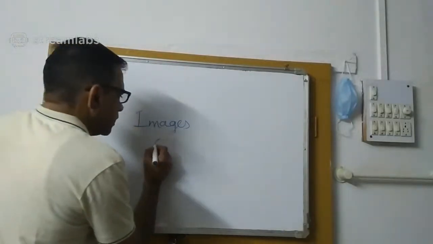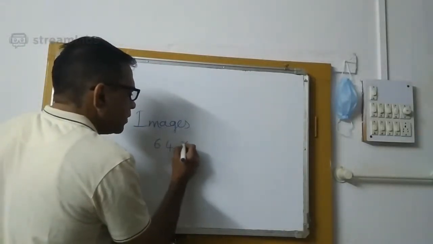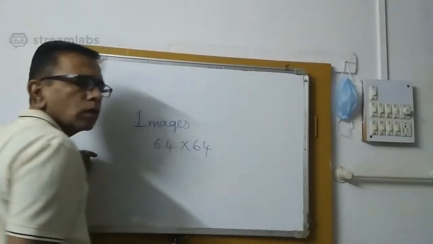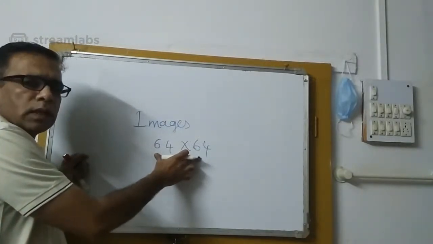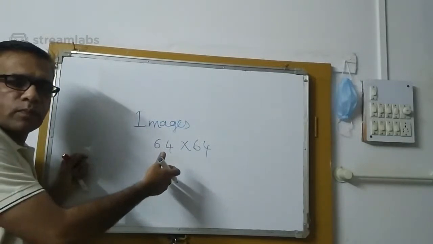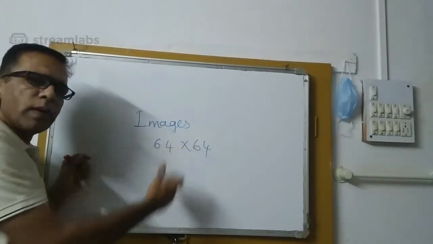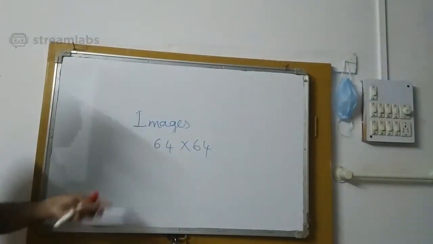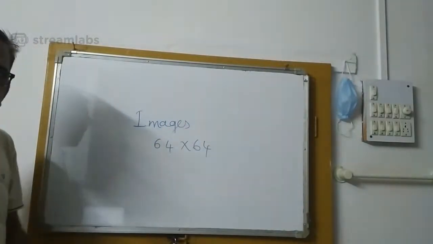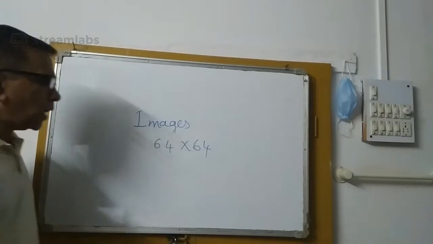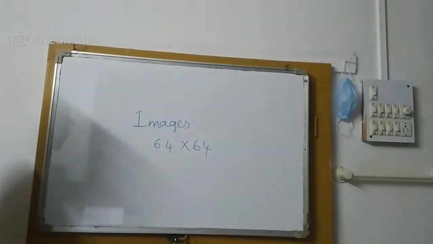For example, if your image is of size 64 by 64, as I said, images are represented by a matrix of pixels. 64 by 64 means 64 into 64 pixels, whatever value you get, that many pixels will be there.